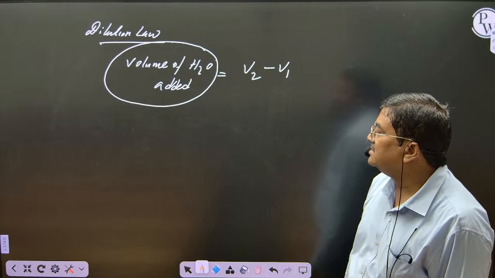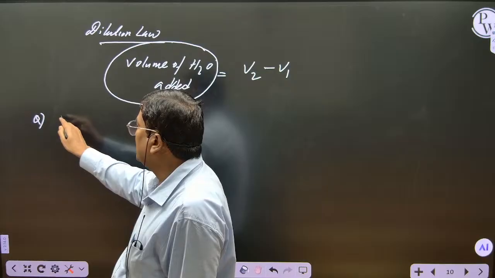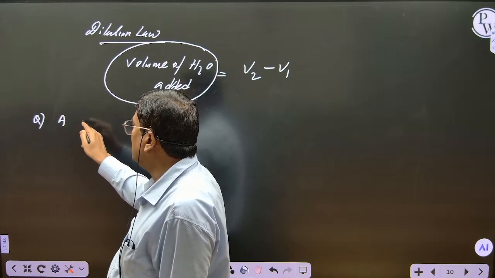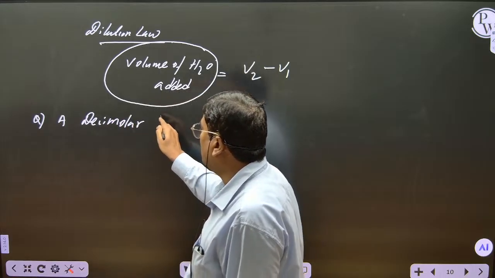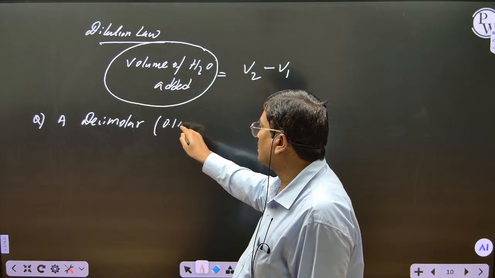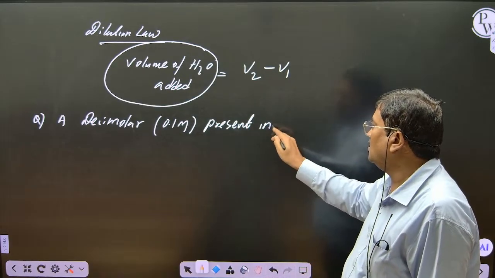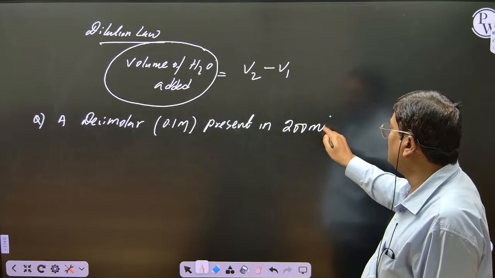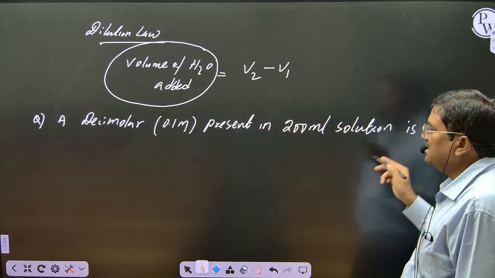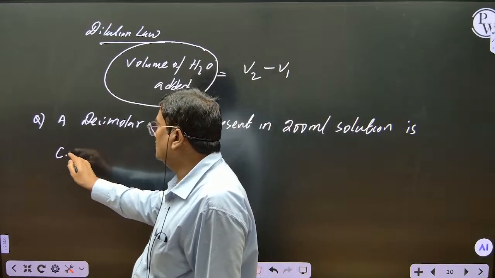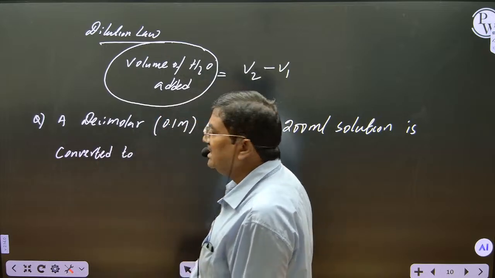Now write one question related to volume of water added. See in exam how they ask. A decimolar, deci means how much, students? 0.1 molar, present in 200 ml solution, is converted to centimolar.